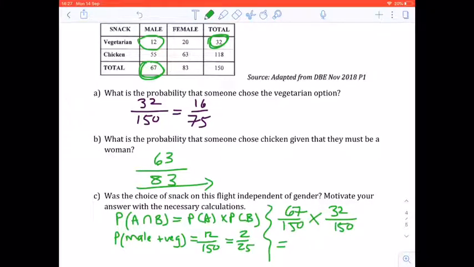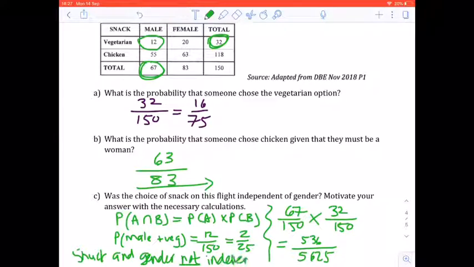And that equals 536 over 5625. So it's quite clear that these two sides do not equal, which then means that the choice of snack is not independent of gender.